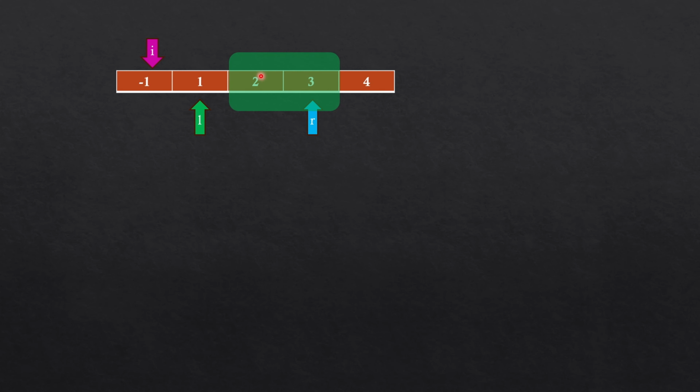R is at index 3, and all the remaining values in this window, because I and L have consumed their values, will come in the count of the required triplets. So we apply the formula right minus left: right is at index 3 and left is at index 1, so 3 minus 1 is 2. The count will be 2.